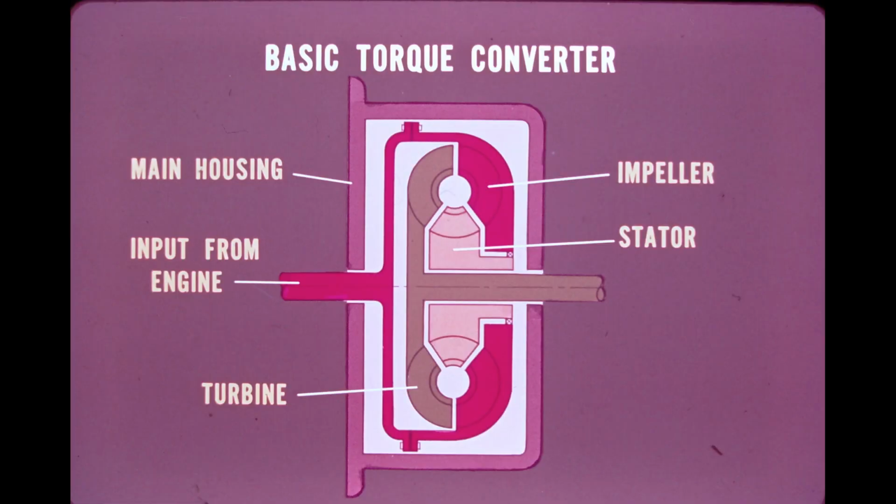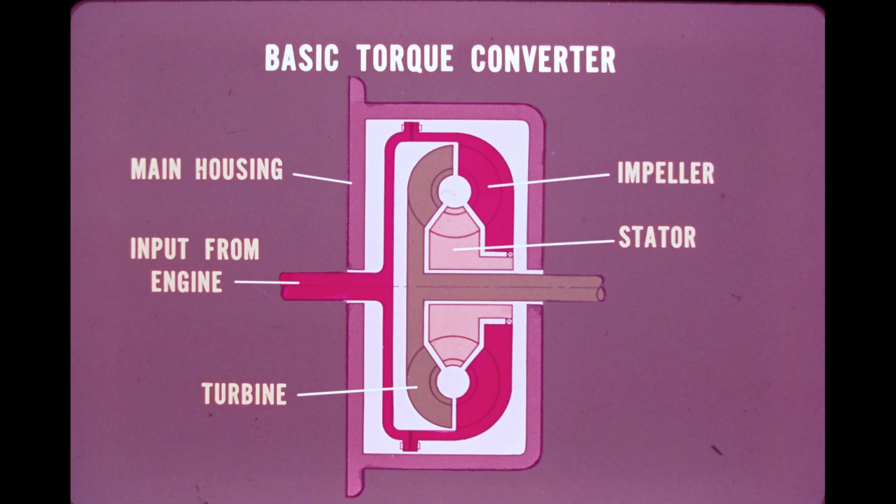This cross-sectional view of a basic torque converter shows the position of the three major components, the impeller, turbine, and stator. Notice that the stator is positioned between the impeller and turbine. One more thing. It might at first glance appear that the impeller is not positioned properly in that it is driven by the engine, but is placed farthest away from the engine.